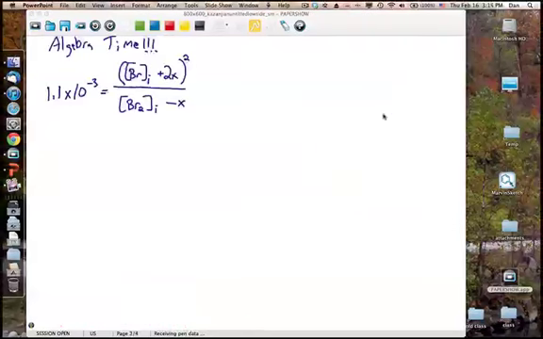Just rewriting the equilibrium constant information in the algebraic form, we can relate these values via x.